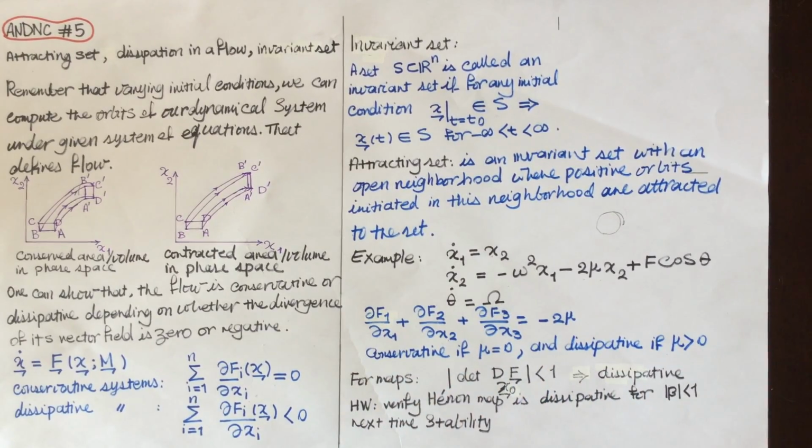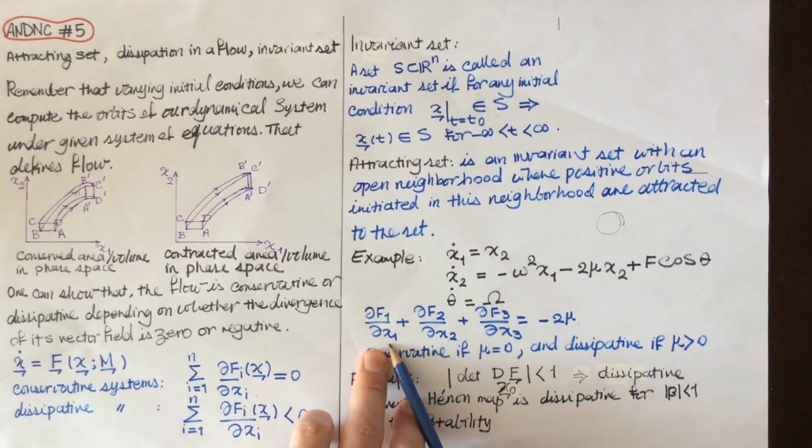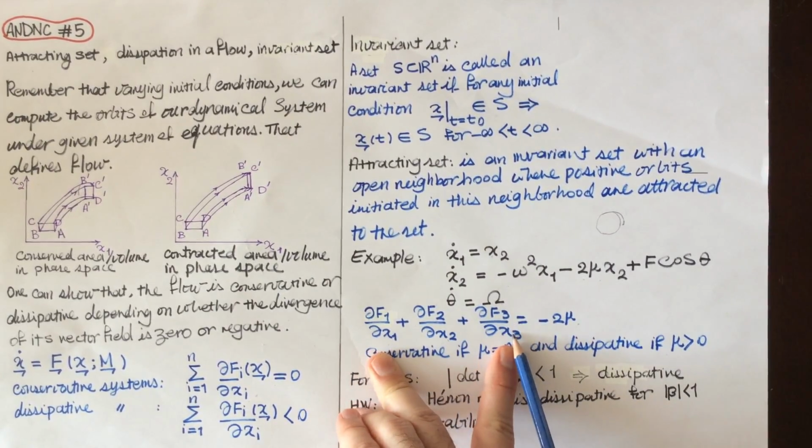So I end up having negative 2 times mu, right? So df1 with respect to x1 is 0. df3 with respect to x3 is 0.